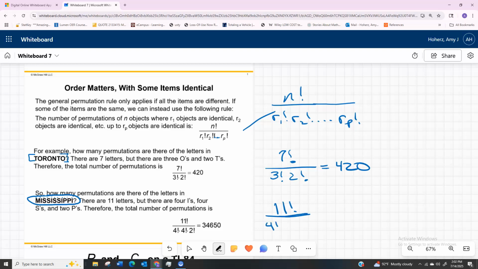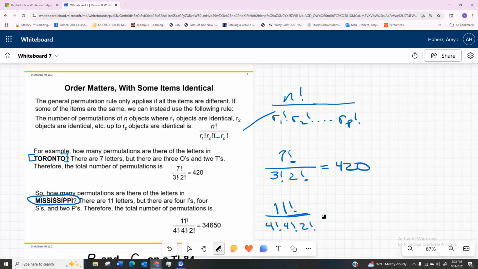So we need a 4 factorial. We have the I's repeated 4 times. And then we have the P's repeated twice. So we have to put all of those under there. Anything that's not a repeat, we don't have to put in there. So in this case, the M isn't repeated, etc. So we have 4, and then 4, and then 2.